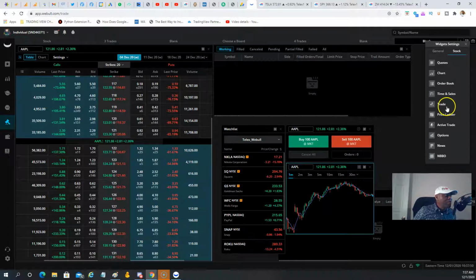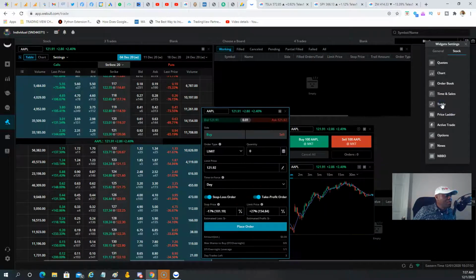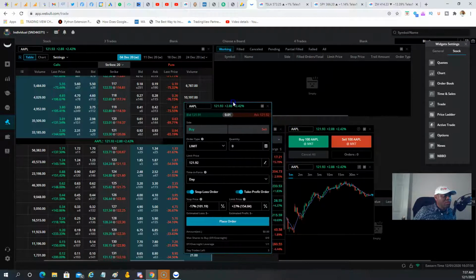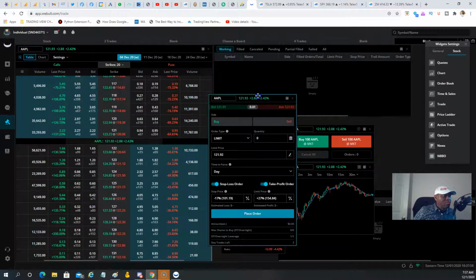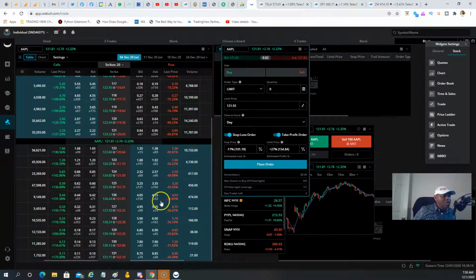The time of the sale. And this is the ordering, how to place the order in here. But in here they're asking me to set as a group. I have seen that, but I haven't set as a group.